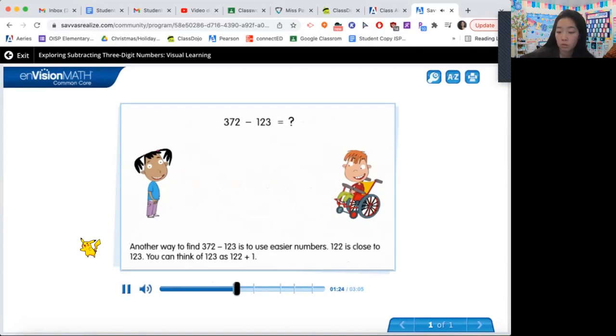Another way to find 372 minus 123 is to use easier numbers. 122 is close to 123. You can think of 123 as 122 plus 1.